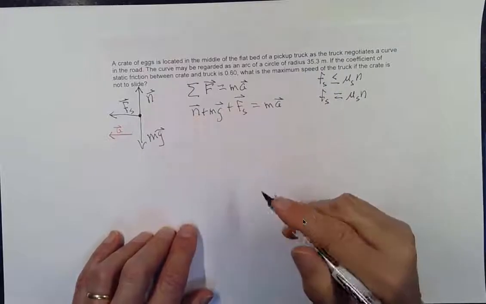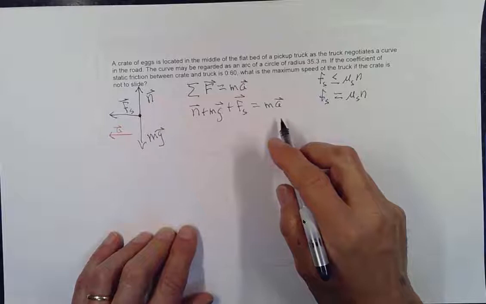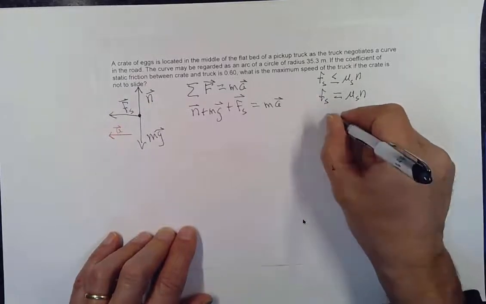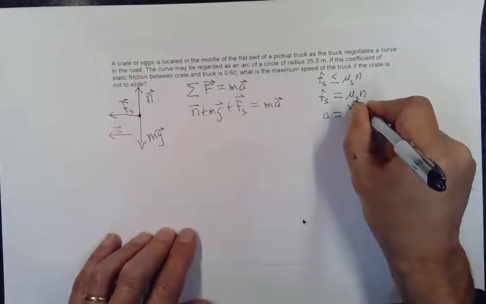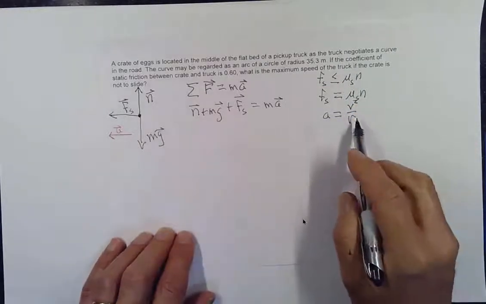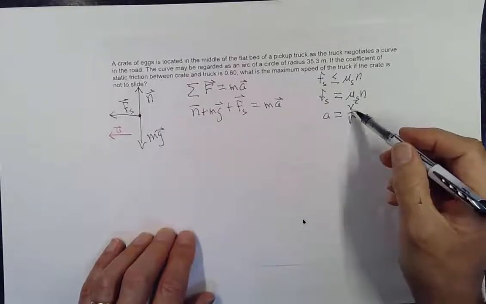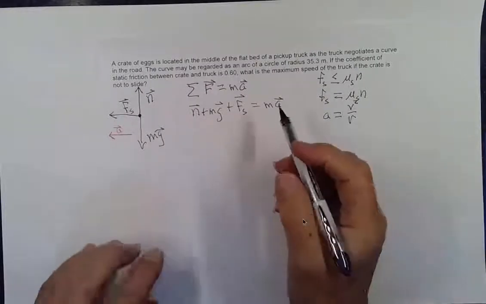One other thing I want to remind myself of is that for an object traveling in a circle, the acceleration is going to have a magnitude of v squared over r, the radius of curvature of the path, and it's v that we happen to be after here. So those are some things that we want to remind ourselves of.